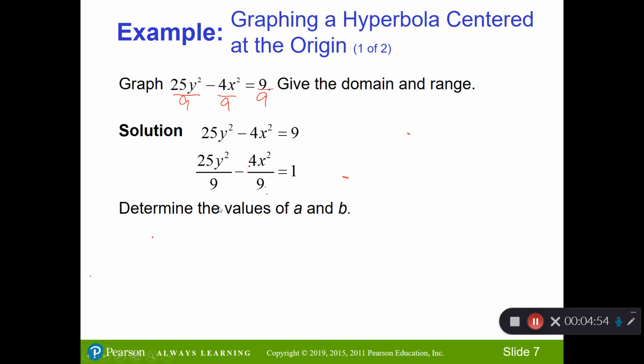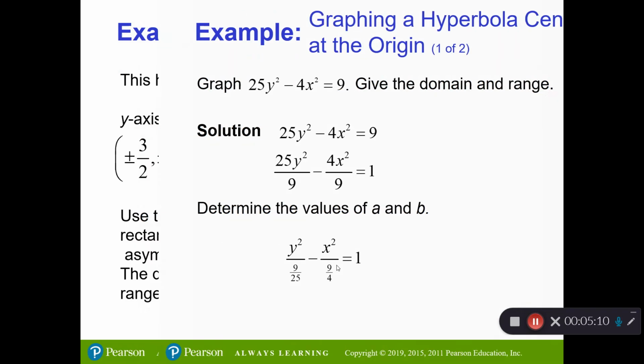Once we get that divided down into the bottom like so, my A is the square root of this, so 3/5, and the B is the square root of this, the 3/2. It doesn't matter. The y is positive, so I'm opening up and down.